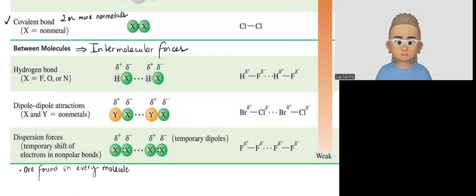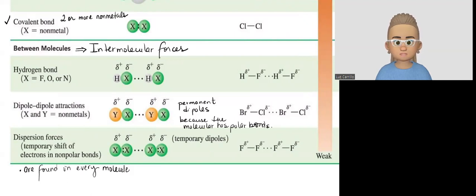Now, the difference between the molecule that we see in the dipole-dipole example versus the dispersion forces example is that in dipole-dipole attraction between molecules, these are going to be permanent dipoles because the molecule has polar bonds. Or overall, the molecule is polar.